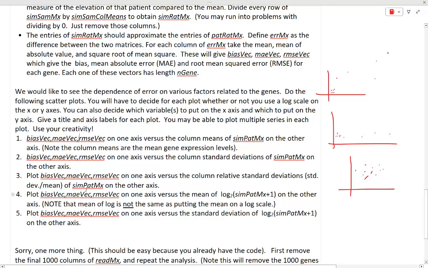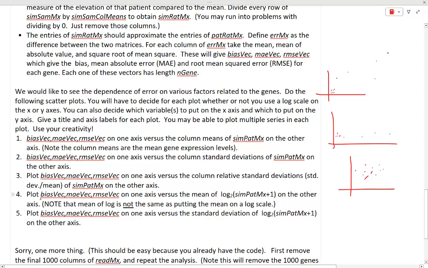All right. Now you can also do this, also plot it versus the column standard deviations. Right? And you can also do it versus the column relative standard deviations. Now, if you have problems with division by zero, then just remove the columns that divide by zero. It's possible that some of them have a mean of zero, but in that case, you can just remove that column.